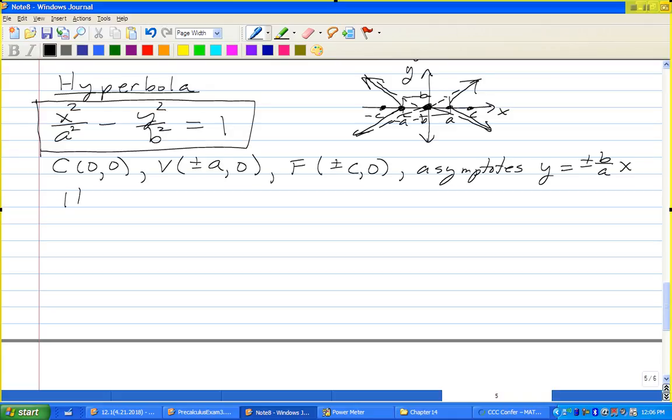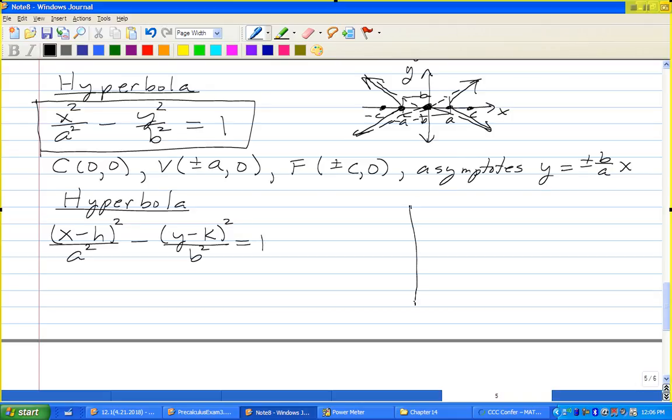So if you have a hyperbola, and let's say it's centered at (h, k), let's see, this is the bounding rectangle, and x is first, so it looks something like this.